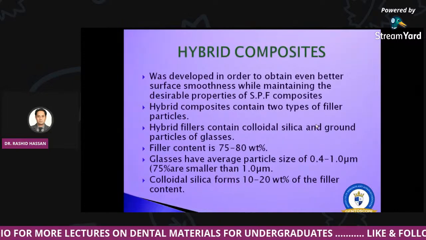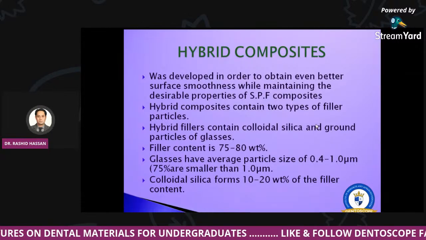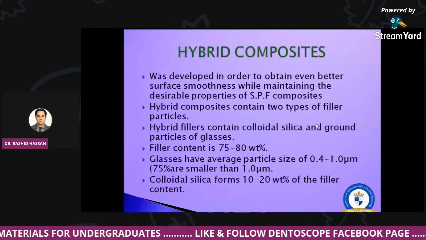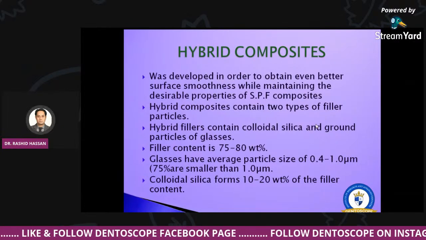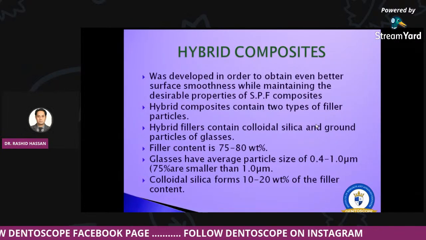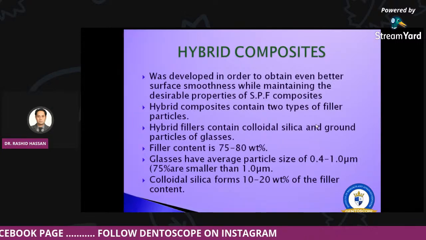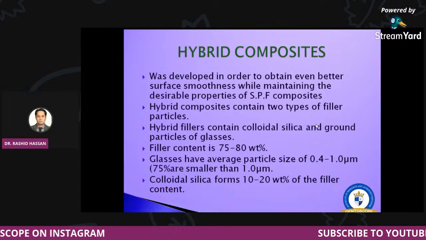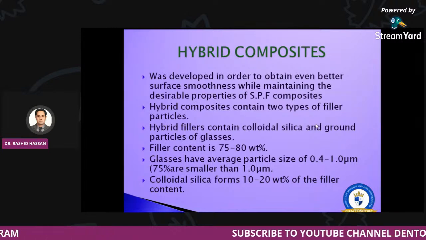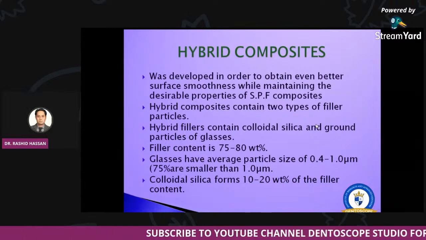So to improve its properties, we created the hybrid composite, which is most commonly used these days. The hybrid composites contain two types of filler particles. I told you that because of this property, they are called hybrid composites, because they contain two types of filler particles. One is glass and the other one is colloidal silica.